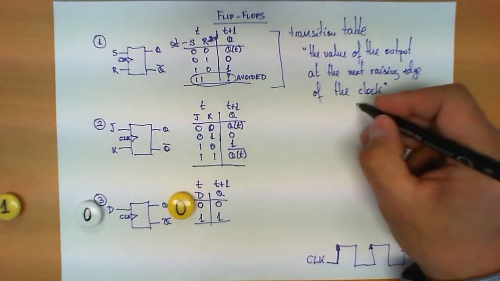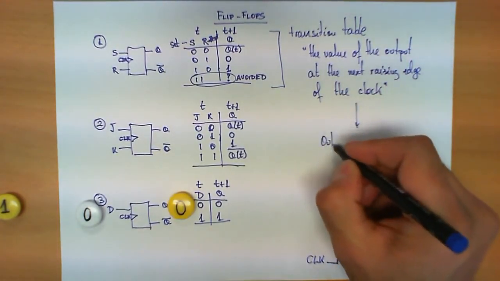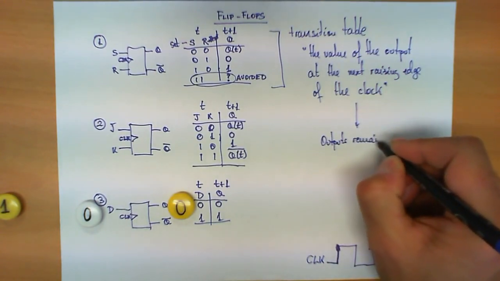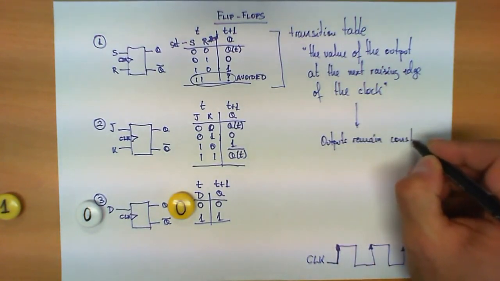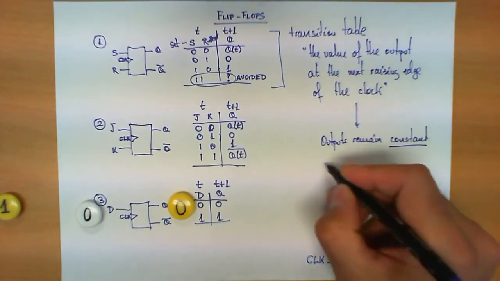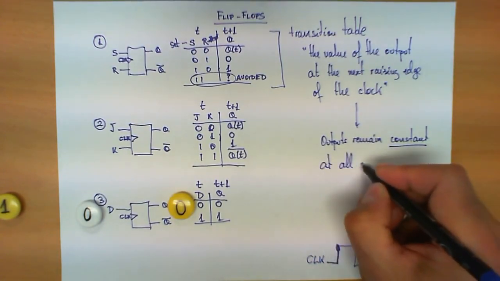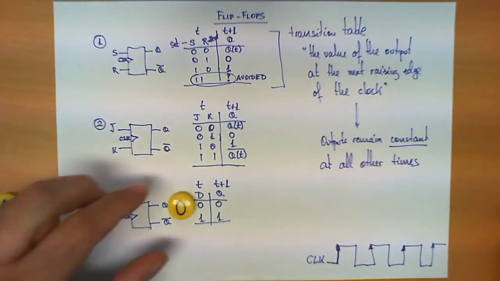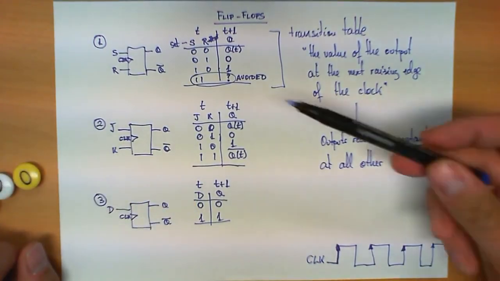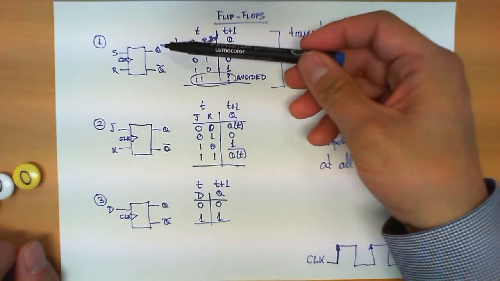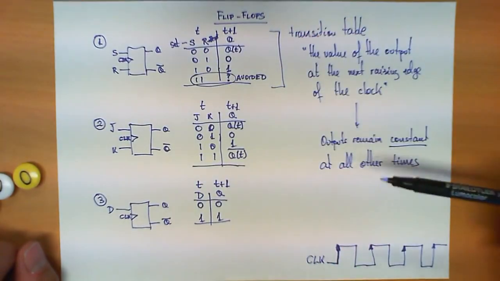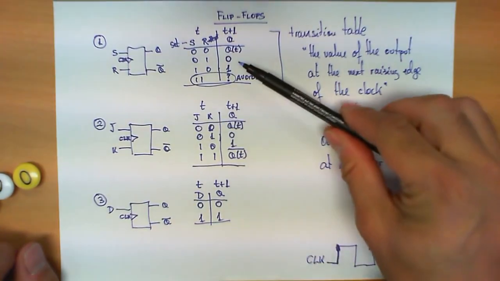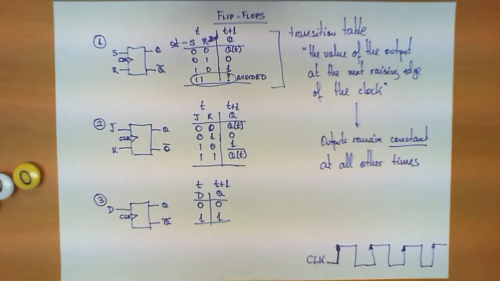And very importantly also to remember is that outputs remain constant at all other times. So, another way of looking at it, the common property of these three circuits is that the transitions in the outputs only occur when there is a raising edge on the clock, and they occur based on these three transition tables that we have depicted here.